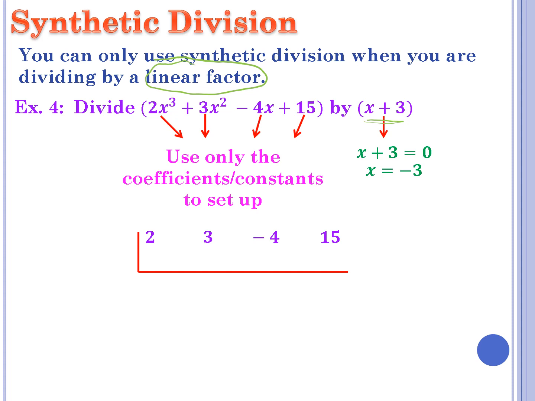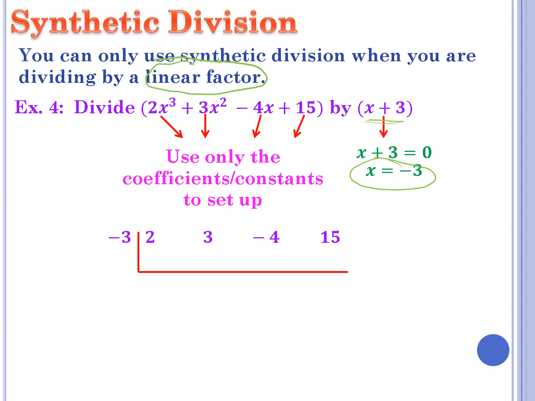And if you'll recall, instead of using x plus 3 like we do in long division, we're going to set that equal to 0, and we're going to divide by the possible root. So we're going to divide by -3. You set the divisor equal to 0 and solve, and that's what you divide by.